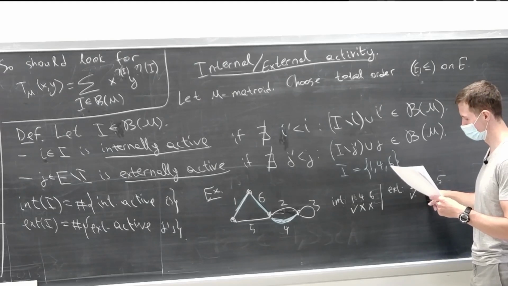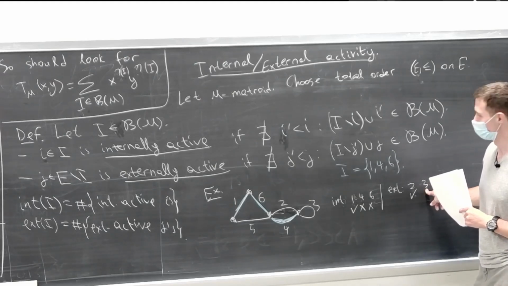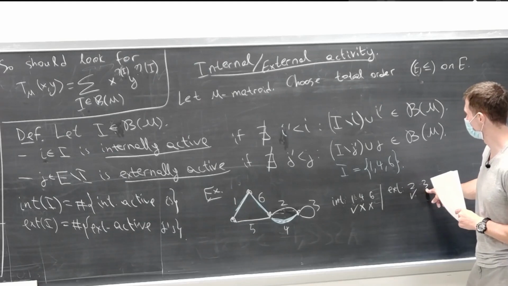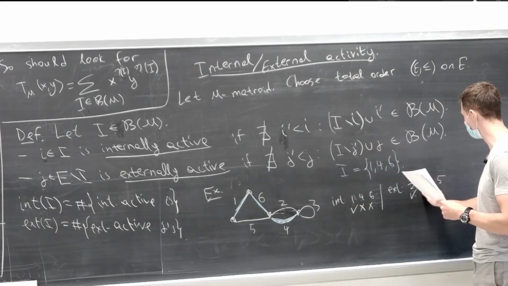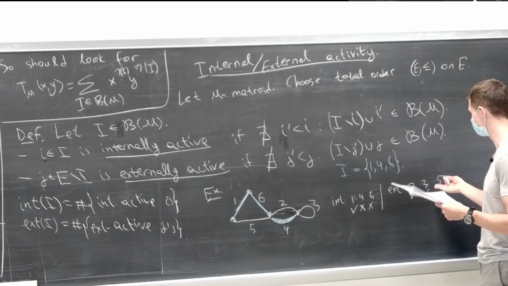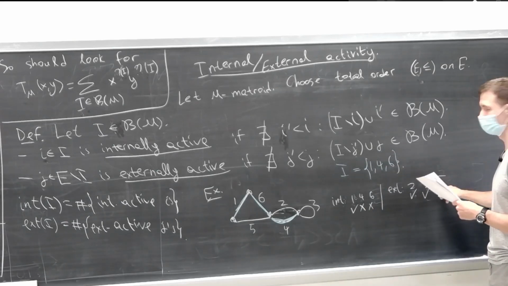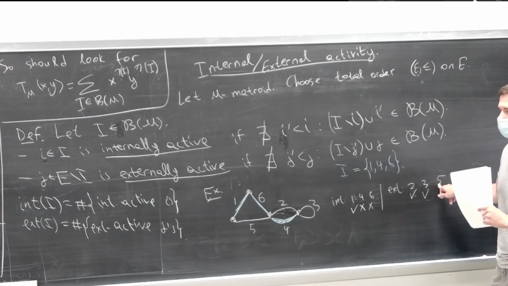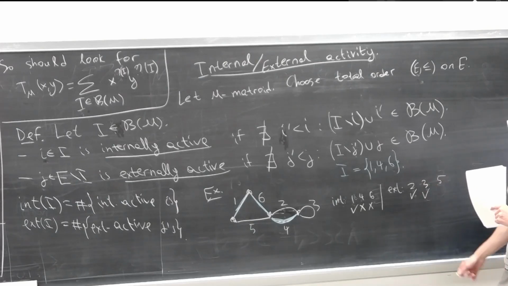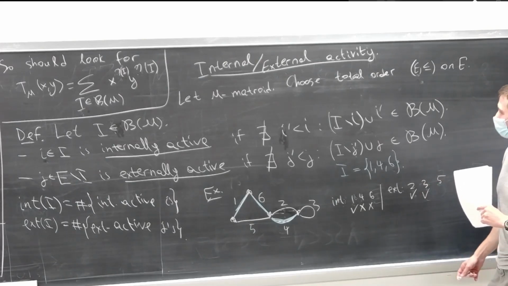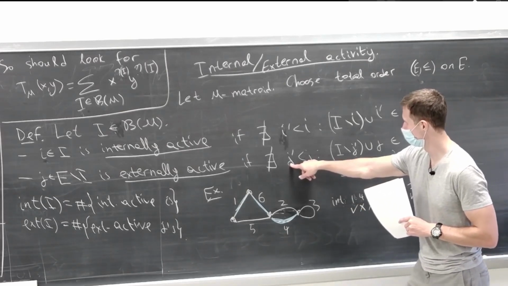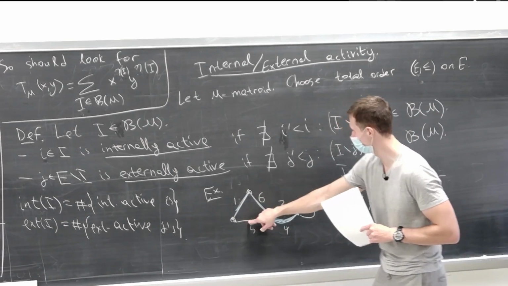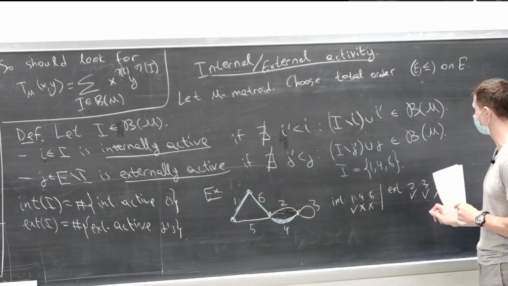How about 3? It's a loop, so you can't remove anything and then add 3 to make a basis. So a loop is always externally active. And what about 5? If j is 5 and j prime is 1, then I remove 1 and add 5 and still get a basis. So 5 is not externally active.